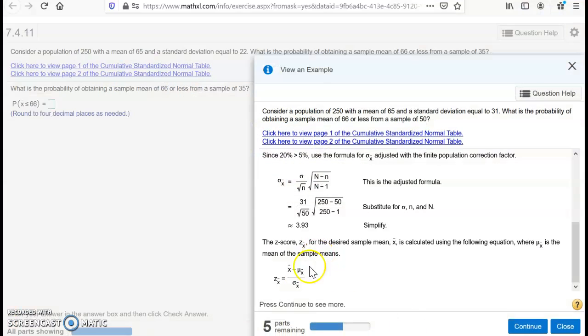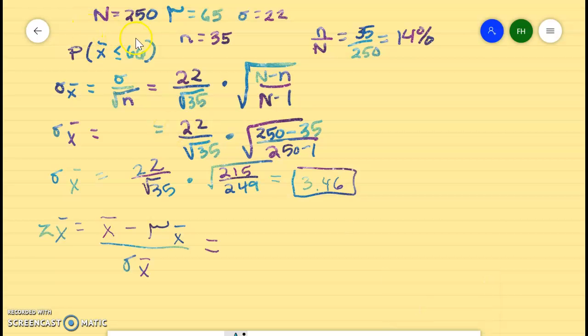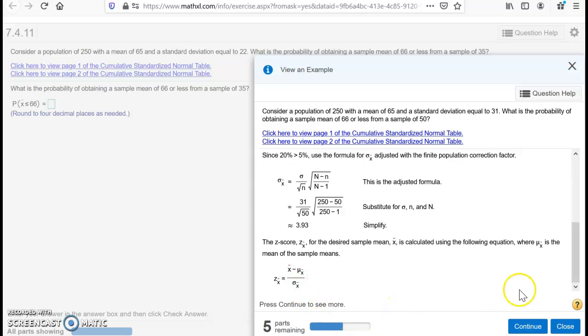When you're plugging this in, the desired sample mean is what we're calculating. So our desired sample mean is 66, or less than or equal to 66. And then minus your mean given to you at the top, divided by the 3.46. So if you do 66 minus 65 divided by 3.46, you're going to get a decimal.